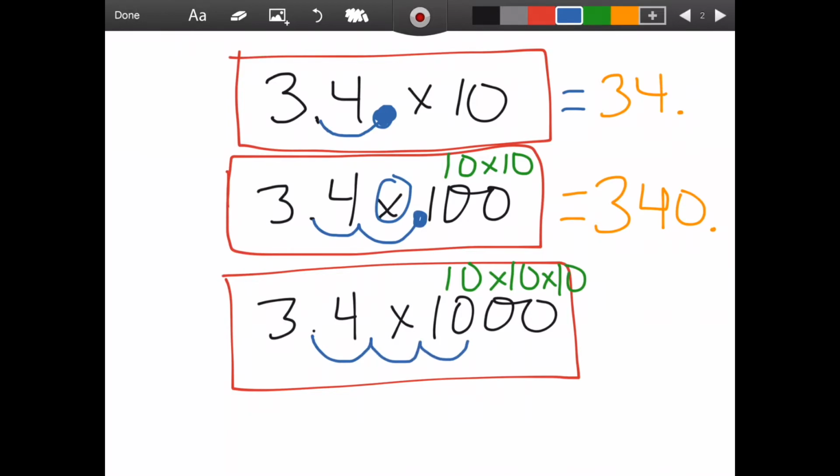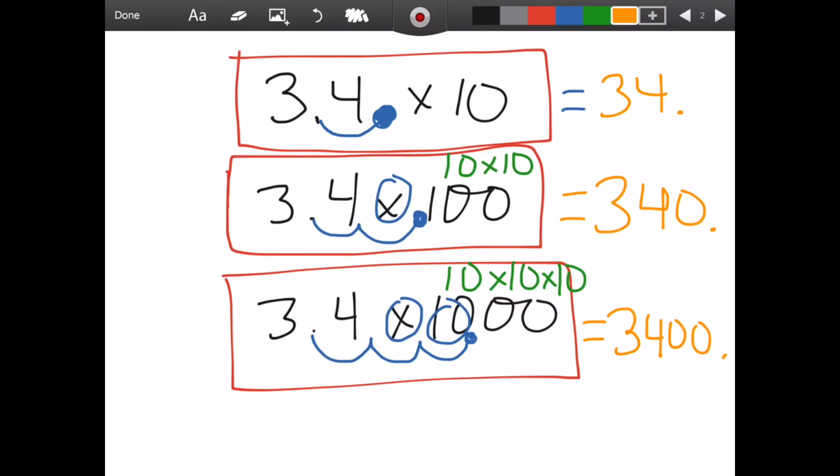Because each time you move that decimal over, you're multiplying that number by 10. And if we multiply that number by 10 three times, that's the same as multiplying by 1,000. So we know now that the decimal is going to be here. And I'm going to place these zeros here to fill in the gaps. And that is going to tell us that 3 and 4 tenths times 1,000 is 3,400.